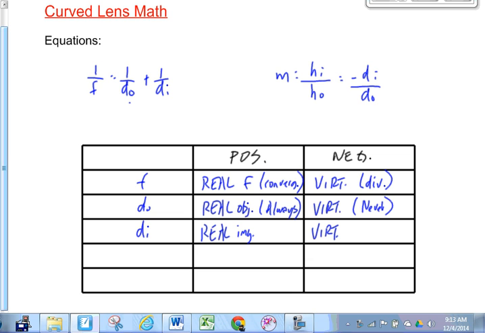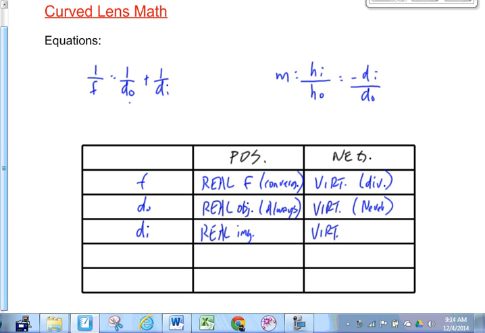It's not crazy hard, but the only time that would ever appear is if you have a system of 2 lenses, and the image from the first lens forms an object for the second lens. In certain scenarios there, the object distance can be negative. That's not going to happen for you guys in Physics 30, but it can happen in the real world, just not in Physics 30.